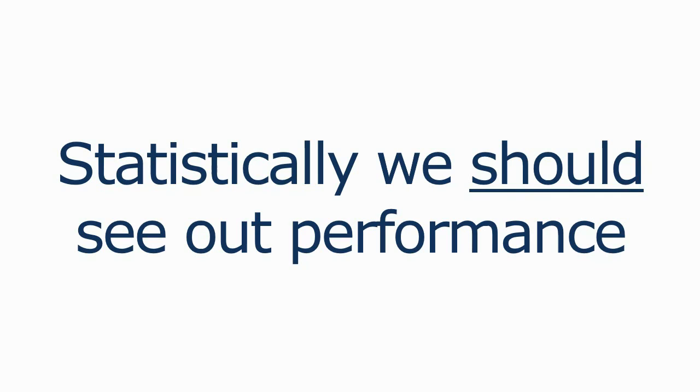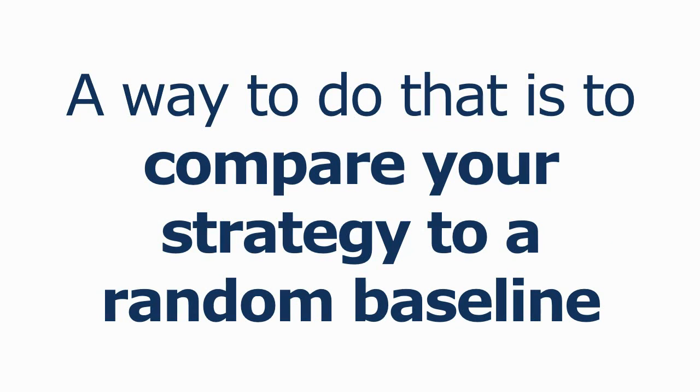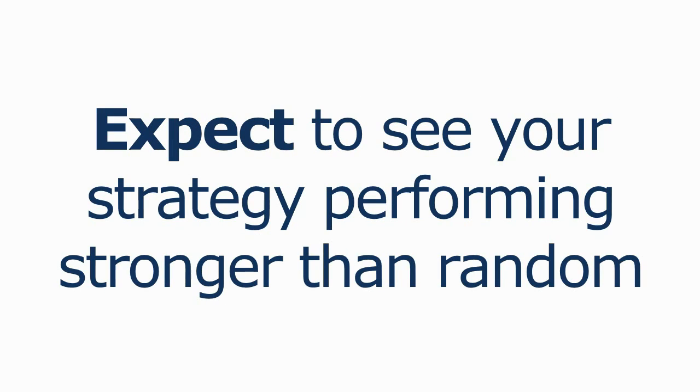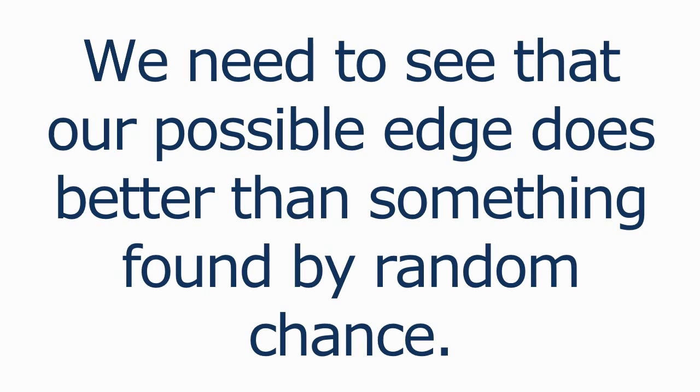Now, given that we're using a huge database of variables and we're taking a random set of variables, statistically, we should see some outperformance. And a way to do that is to compare your strategy to a random baseline and expect to see your strategy perform stronger than random. We need to see that our possible edge does better than something that is found by random chance.